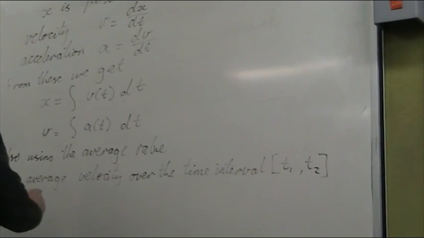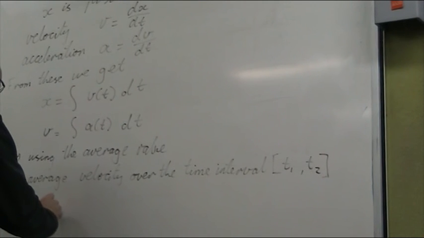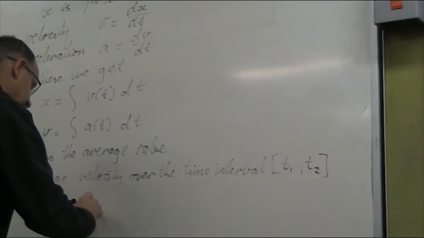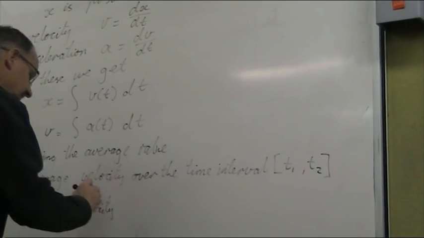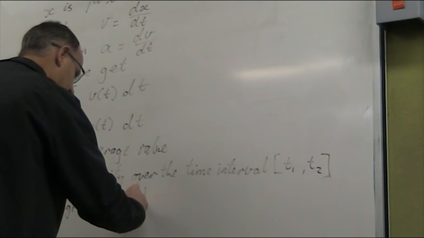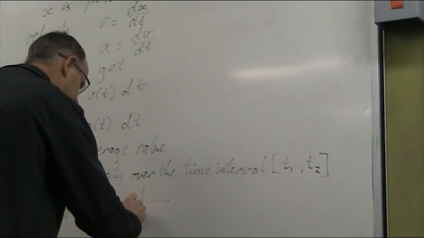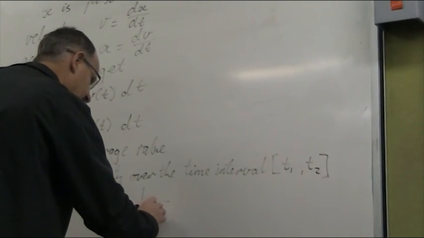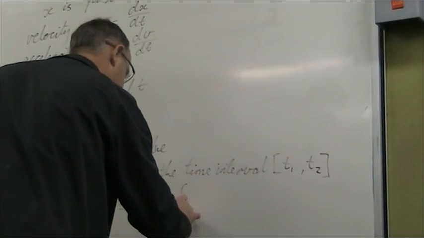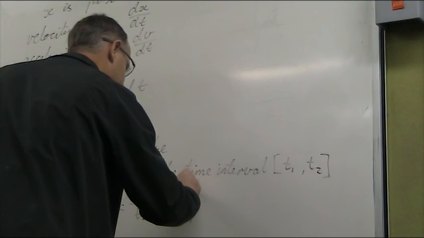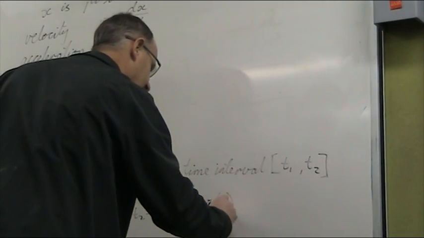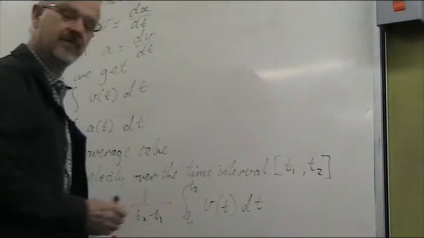So the average velocity would be 1 over the difference in those times, t2 minus t1, multiplied by the integral from t1 to t2 of v(t) dt.